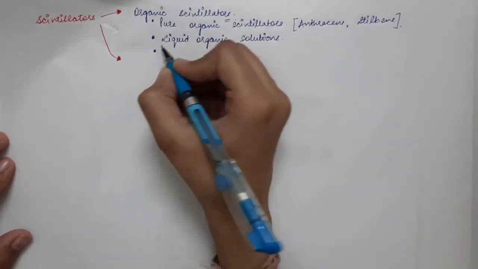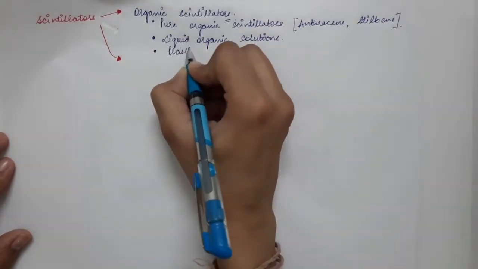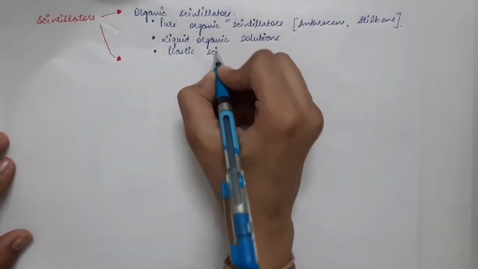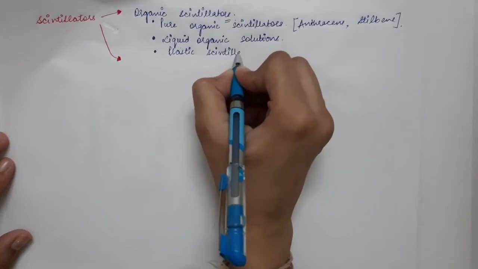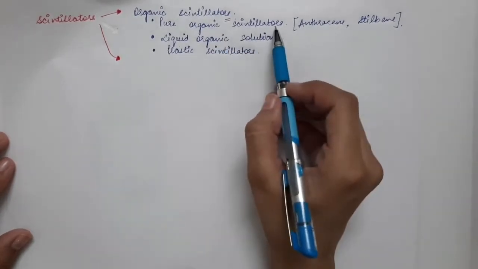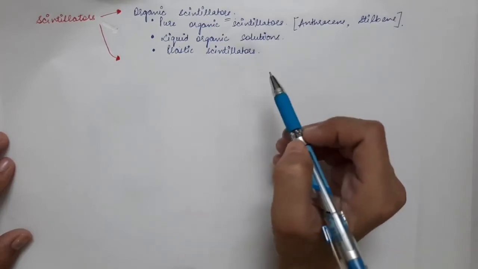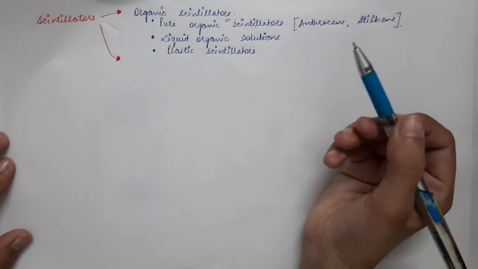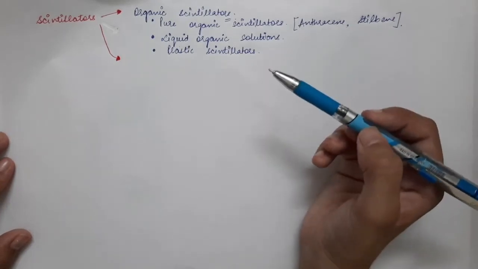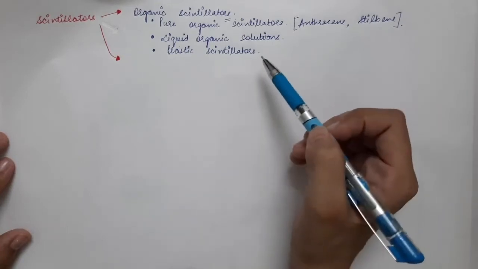The third type of organic scintillators is plastic scintillators. The pure organic scintillators, after dissolving in the solvent, are subsequently polymerized, and we obtain plastic scintillators.